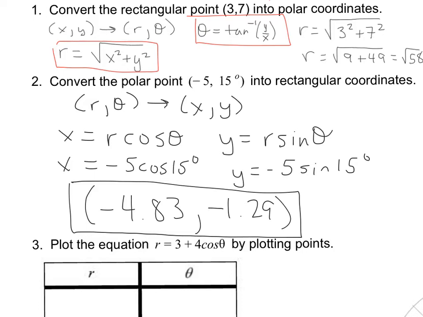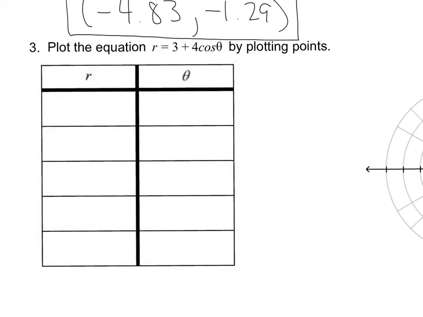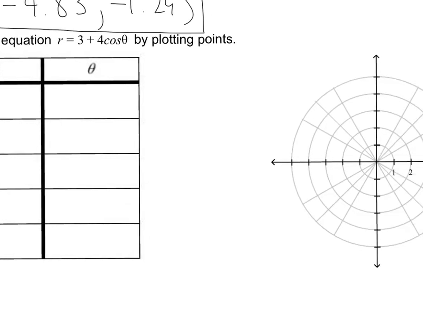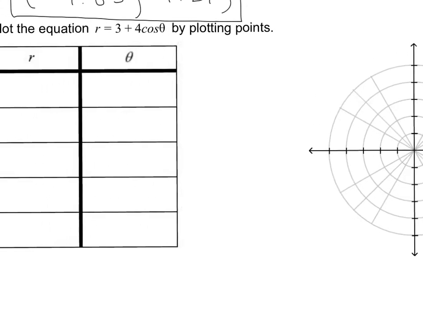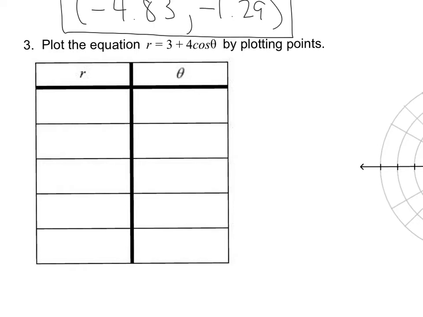Alright, this next one kind of is a graphing problem where we have a polar equation and we're trying to plot it. So we can pick some points to graph and then to plot, and then we can graph it over here on our polar graph. Of course, graphing this on Desmos or a TI graphing calculator will give us a really good idea of what it looks like. So what I'm going to do, I'm just going to pick some random angles.